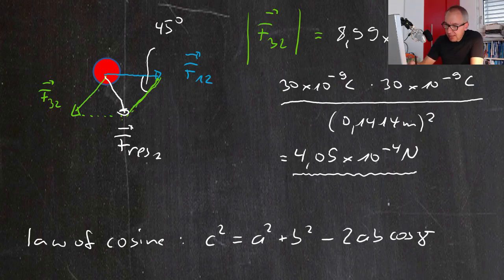We just take this resultant force here to be C, and then A is that one, the blue force, B is the green force, and the angle is 45 degree. So let's calculate C.